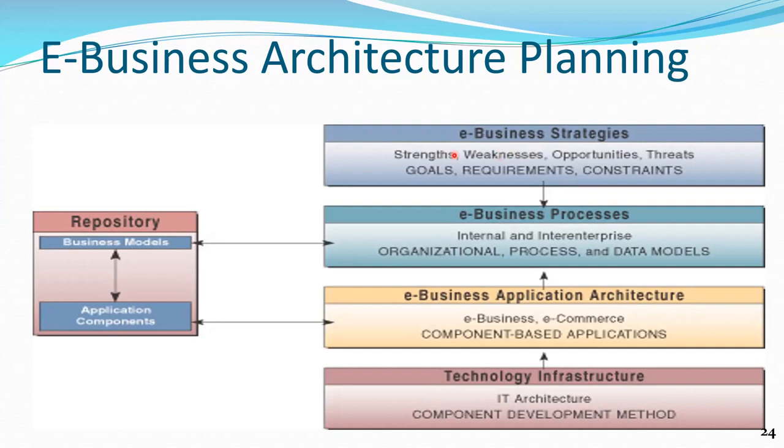Where you have to understand the earlier goals, right? Requirements and constraints related to e-business, which you need to identify with the strategies, and the e-business application architecture also supports this as different component-based applications, right? So we also think of application components, where supporting the business models is the main focus in getting the business application architecture, and technology infrastructure always needs to be there, right?